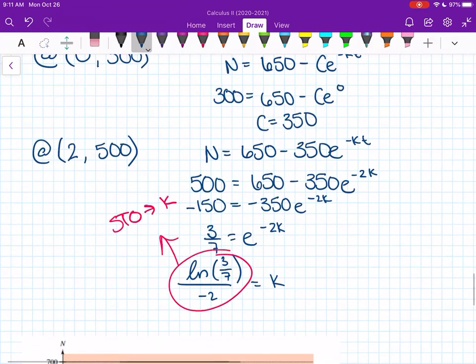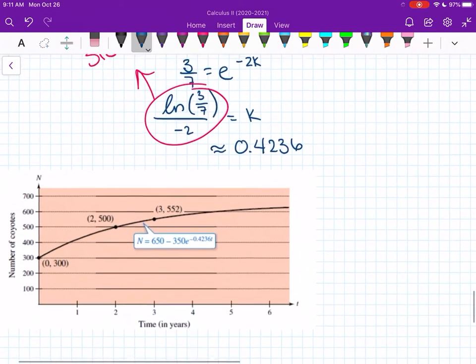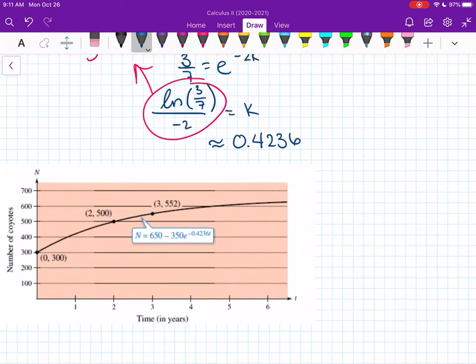You should get that k is approximately 0.4236. So my final equation is n equals 650 minus 350 e to the negative 0.4236 t.